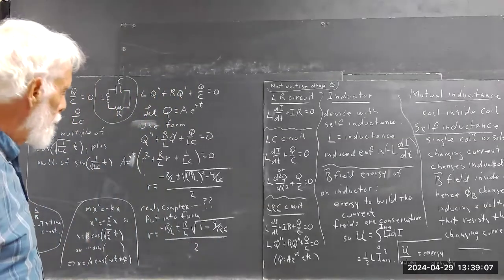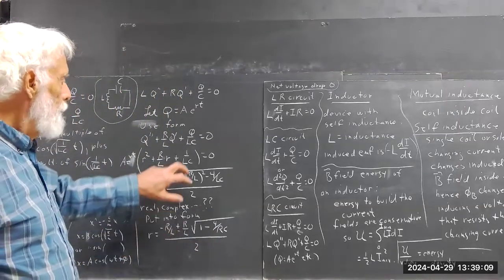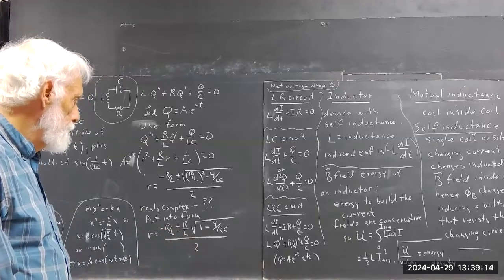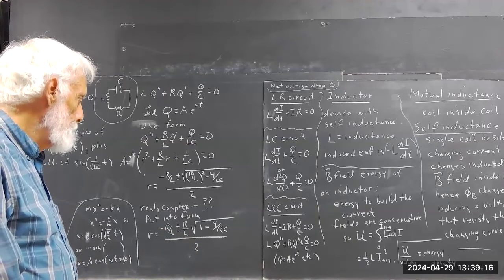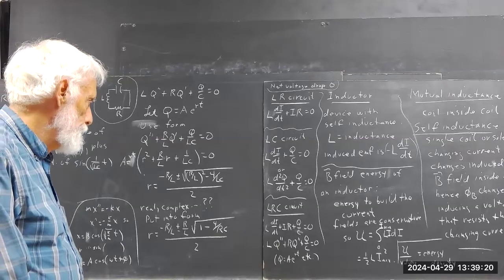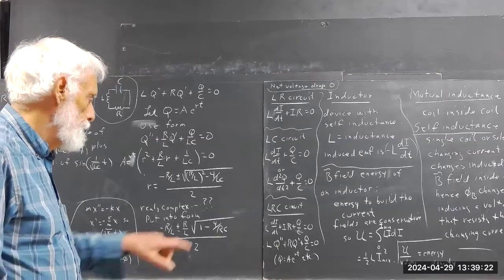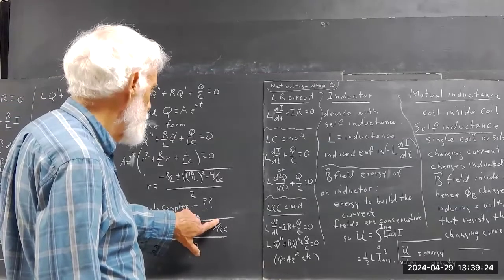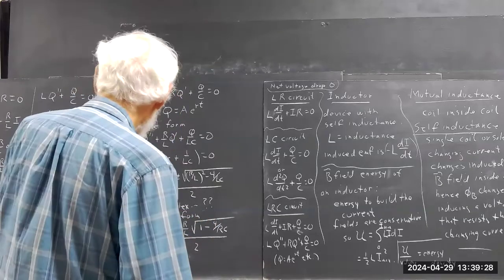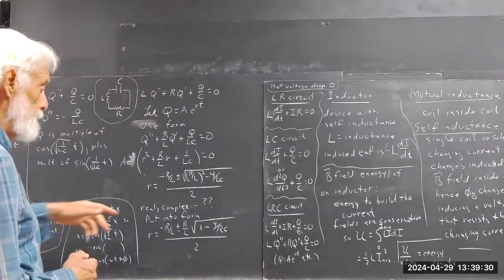Now let's just be careful. If I multiply through by R over L squared, then I'm going to have something wrong. I'm being careless with my algebra, so I'm going to have to write it out a little more carefully.